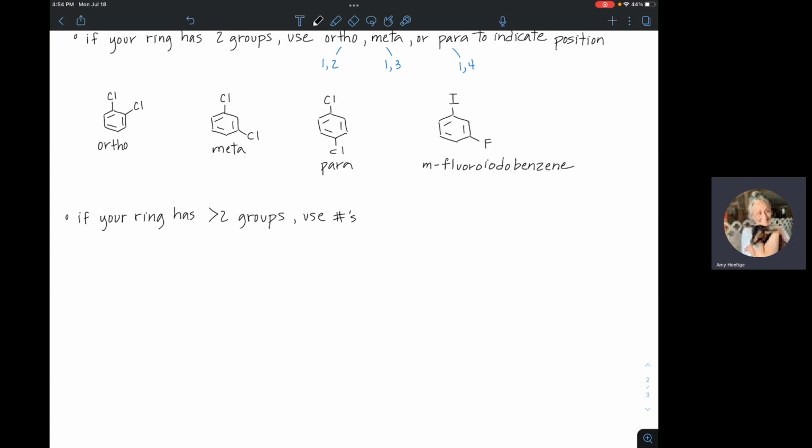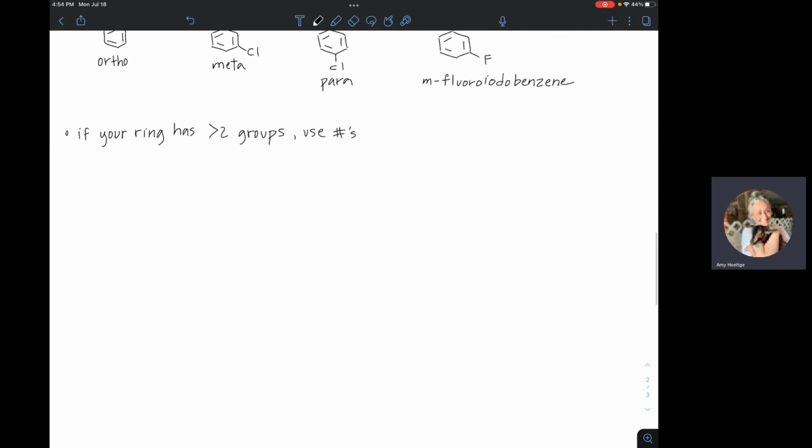It doesn't make any sense. So if you're going to put, say, for example, some groups on toluene, I'll put a nitro group here, stick a nitro group there, and a nitro group there.